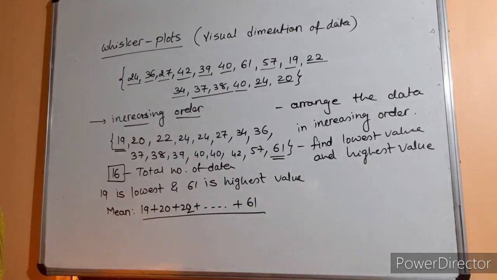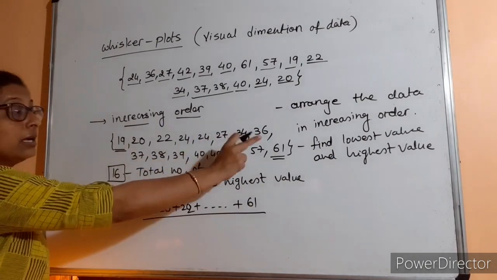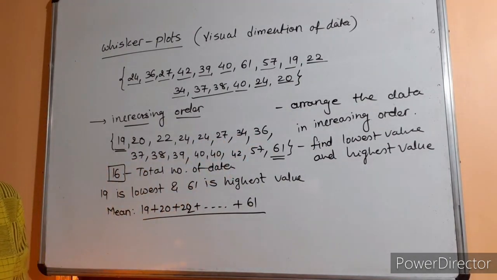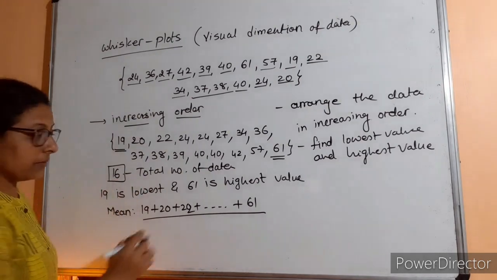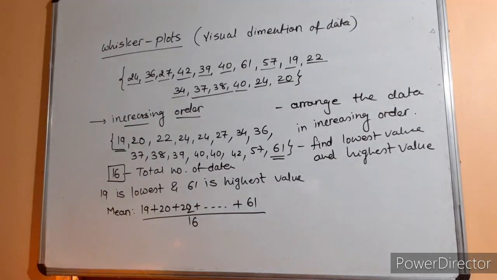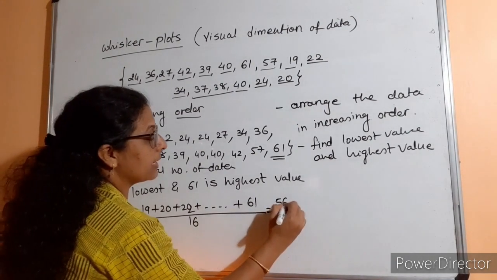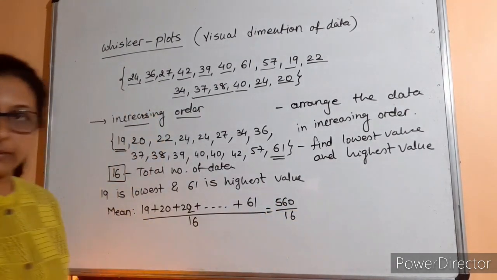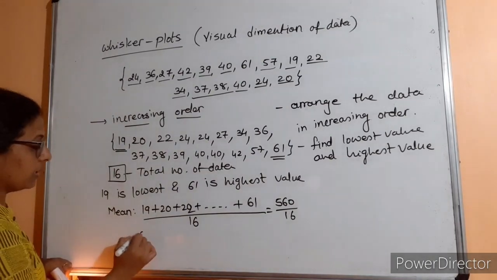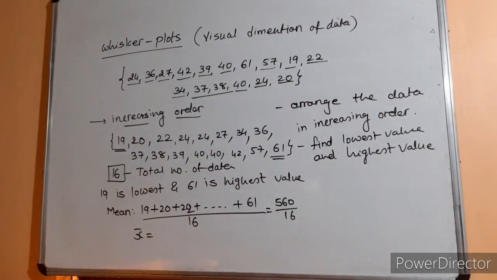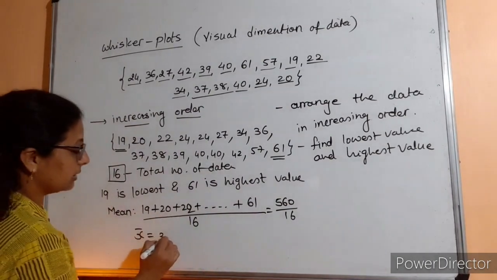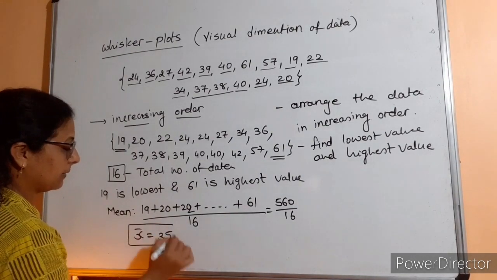We'll not write all the data. You just use the calculator and add it. And the total number of data, that is 16, is here. If you add using calculator, it gives you 560 divided by 16. So, the mean x bar is 35.